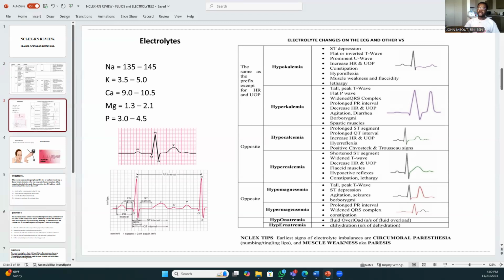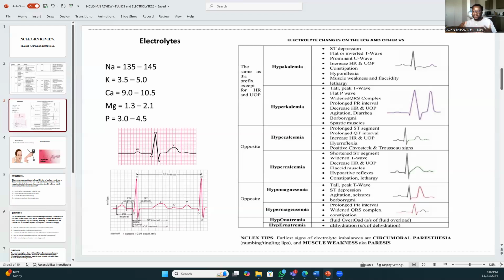Now, for us to understand this, there is something I want us to memorize. For potassium, I say the direction for you to know if it is low potassium, everything goes low except for heart rate and urine output.